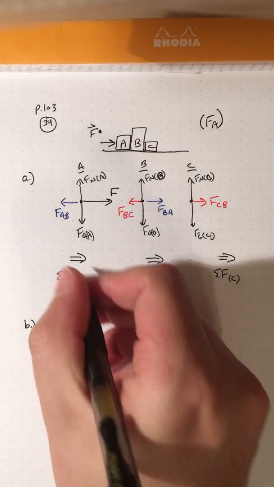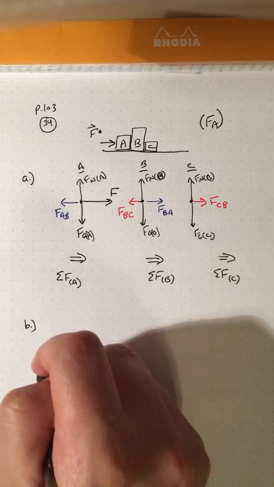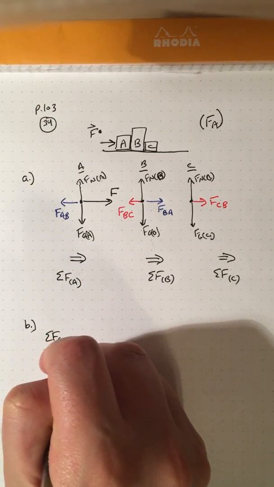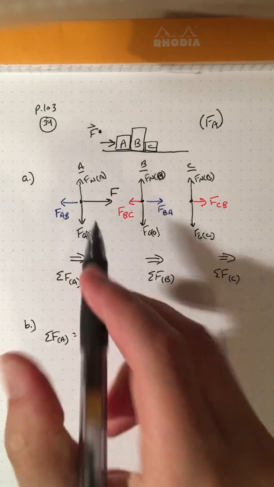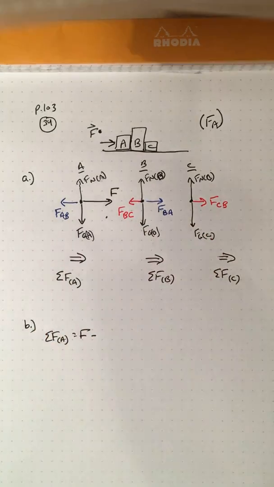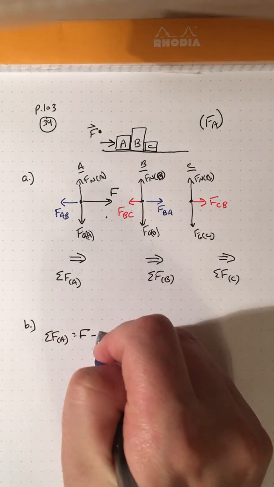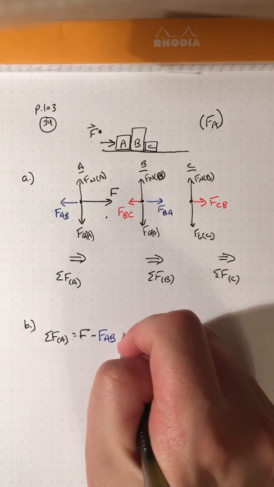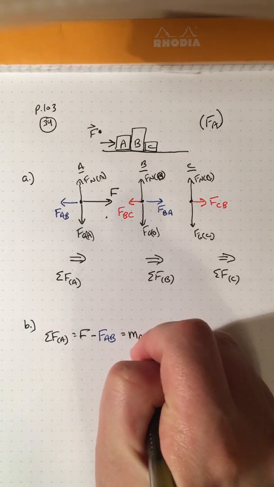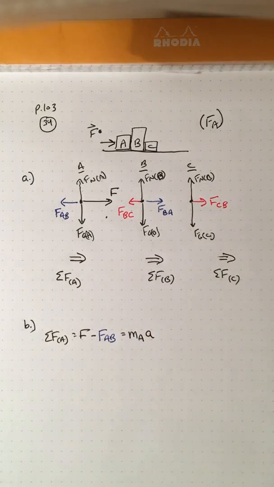The net force on A is equal to the one pointing in the same direction minus the one pointing in the opposite direction. So the force F minus the force FAB. And we also know that that's equal to the mass of A times its acceleration.